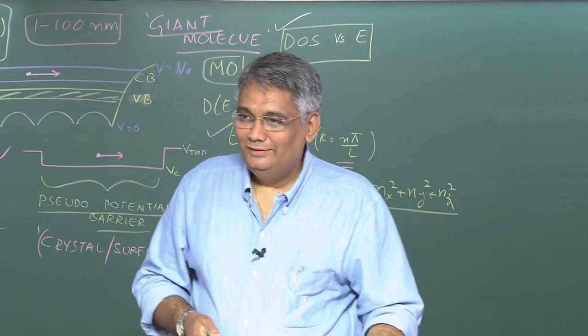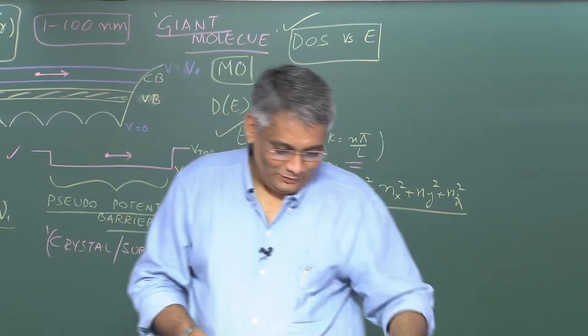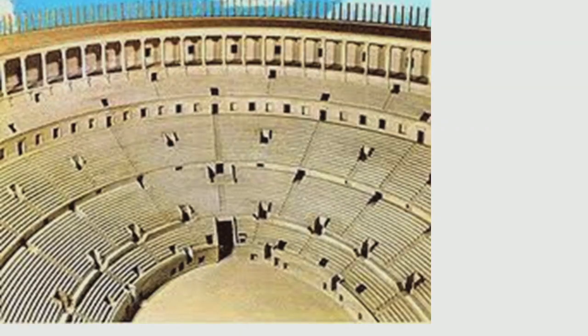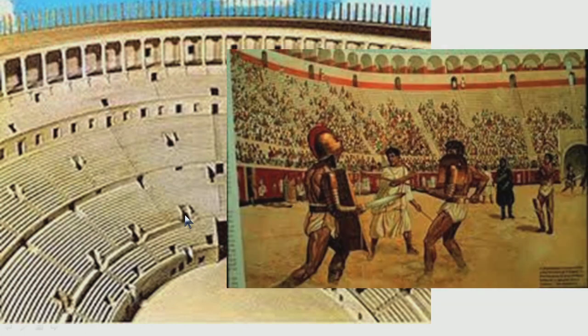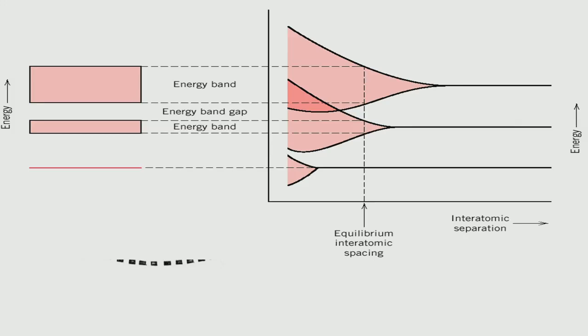Whereas here, when you go inside this arena, you see what happens. Now, this is the overall picture, and you see, there is no specific way in which these seats are taken. Now, if you look at the energy bands, we know that the occupation happens in a very systematic way, and that leads to the formation of these bands.